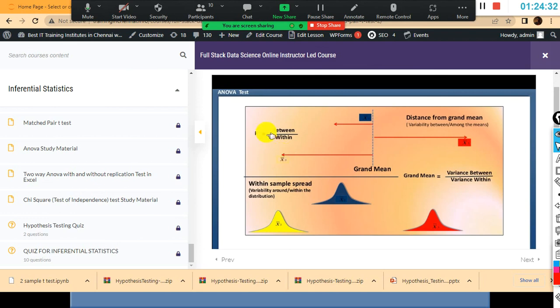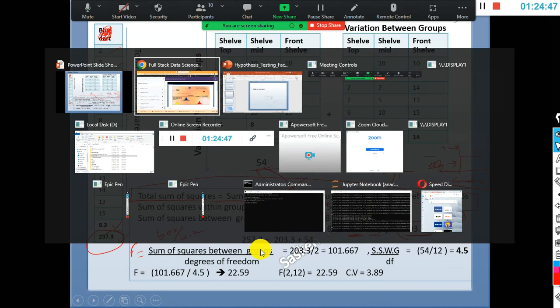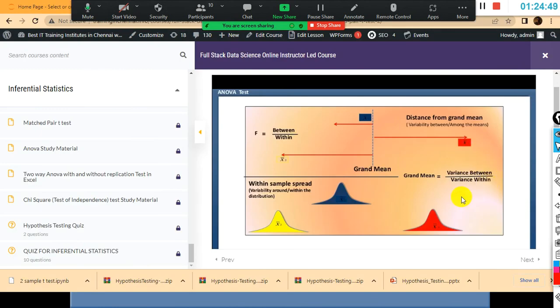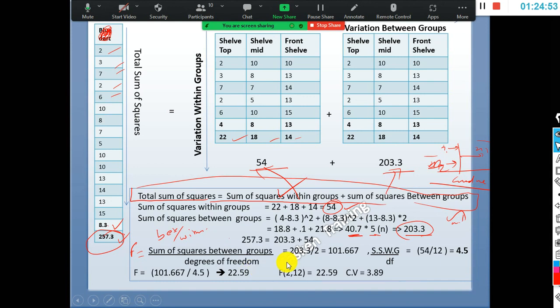Between, how far each mean is away from the grand mean, and within, how far each value is away within each group, right? So between divided by within. That is the formula, right? But here what we do is, variance between divided by degrees of freedom, and variance within divided by degrees of freedom. We put the extra thing, that's all.